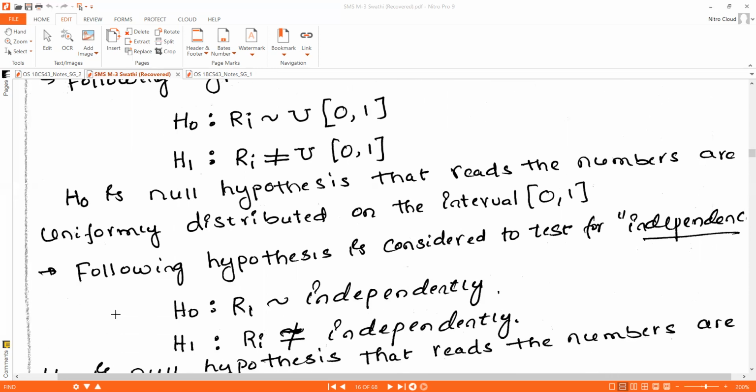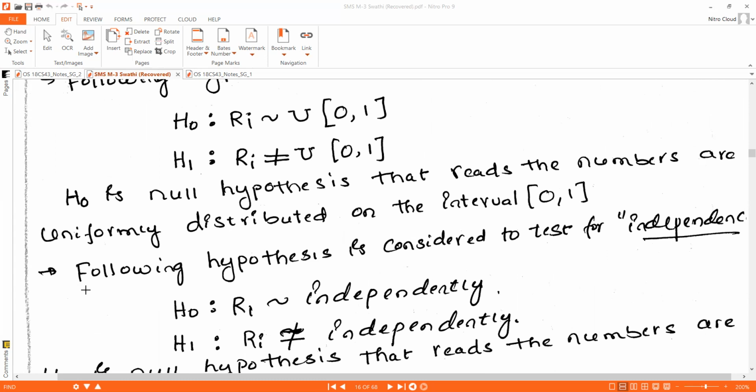The following hypotheses are considered to test for independence. H0: Ri are independent, and H1: Ri are not independent. If it follows the null hypothesis, then it is independent. If it follows H1, then the random numbers do not follow the independence property.